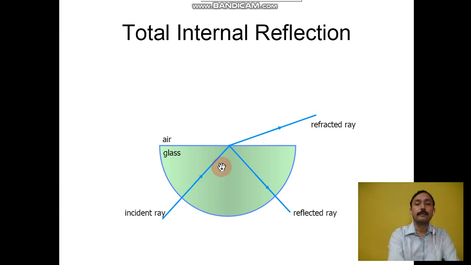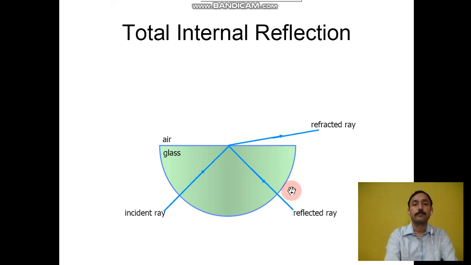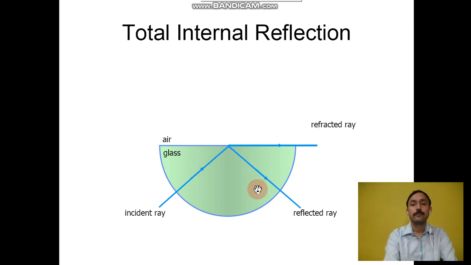Now again the incidence angle increases. This is partially reflected and partially refracted. Again it increases. This is refracted and reflected. For this incidence angle, the refracted ray is making 90 degree with the normal. That means this incidence angle is the critical angle.